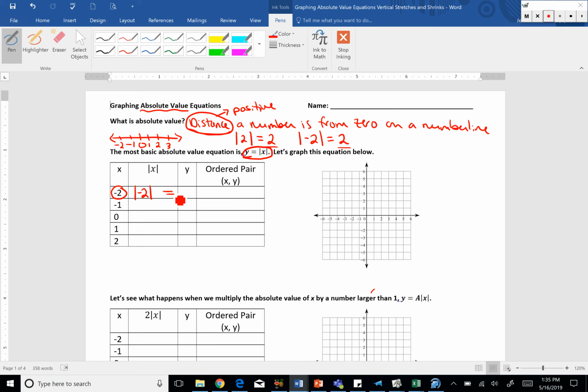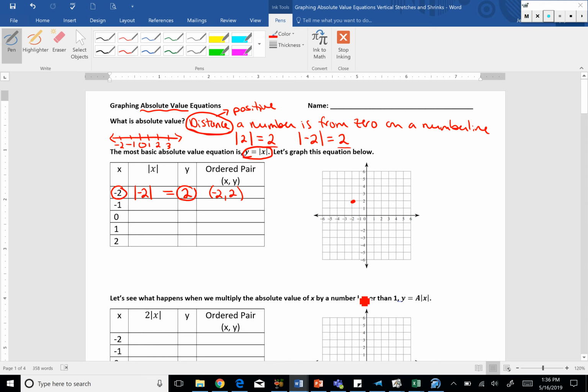I make some ordered pairs, I can graph. So we just saw this one. What's the absolute value of -2? +2. So the ordered pair, we take the x that we put in, and we take the y we just found. So -2 on the x, +2 on the y. There's our first point.